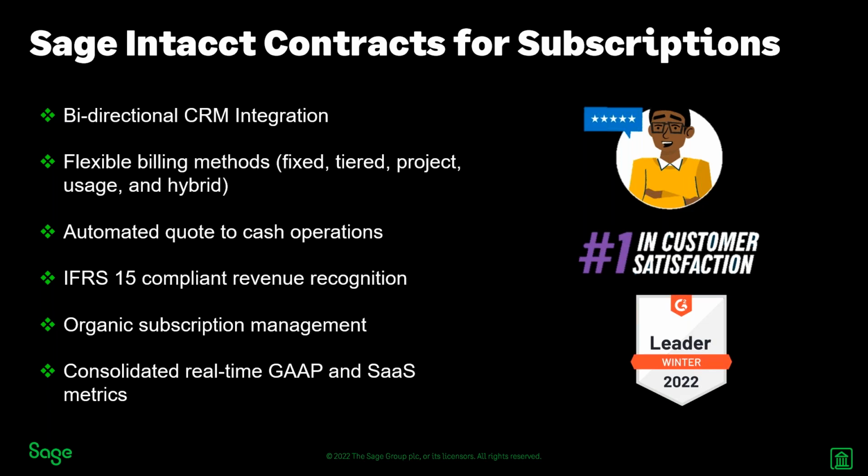And finally, being able to drive that organic subscription management, whether I'm dealing with midterms or renewals, and the necessary impacts that has on my SaaS metrics, is all delivered out of the contracts module.